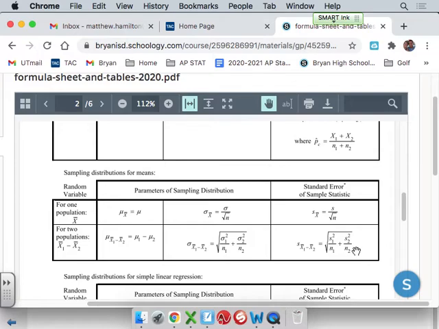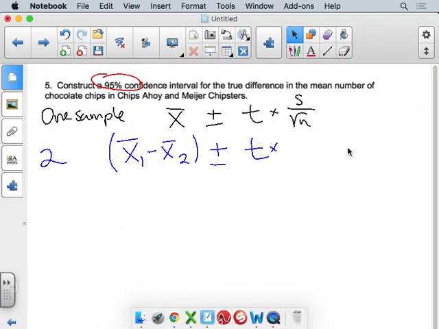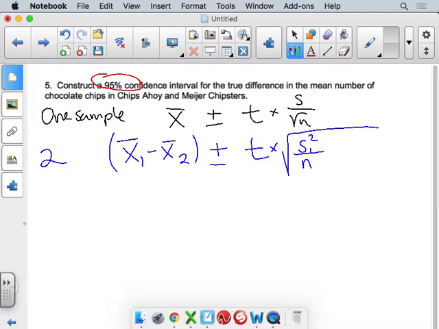It goes like this: square root of S1 squared over sample size 1 plus S2 squared over sample size 2. So we're adding our standard deviations together. This is the formula for combining those two standard deviations together.